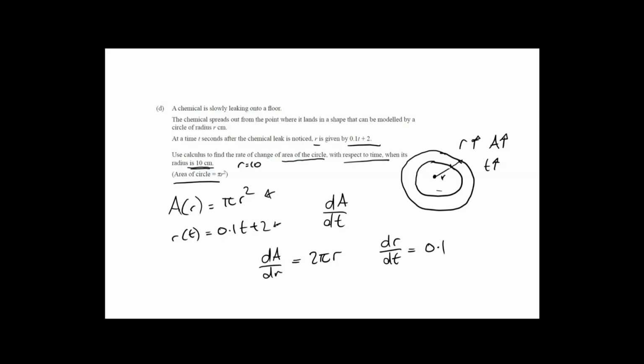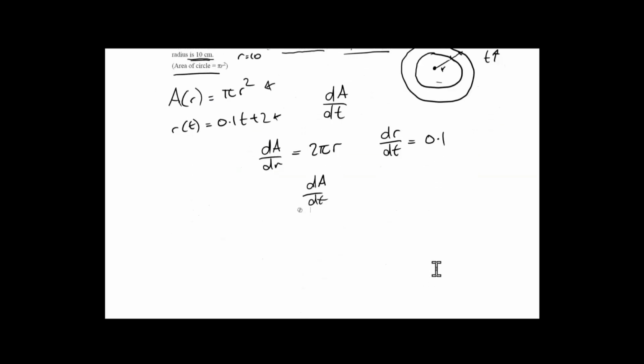So it's going to be this one differentiated. All right, but we're looking for this. So can we get that out of this? Let's move up a bit. If we have dA with respect to r times dr with respect to t, these dr's are going to cancel out, and we're going to be left with dA over dt. Okay, that's what we want.